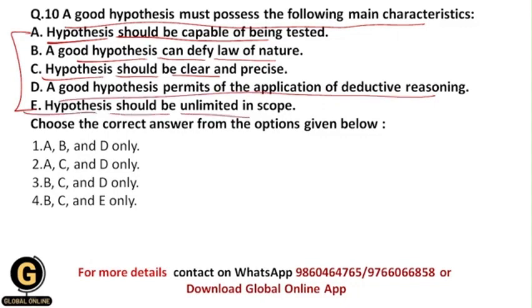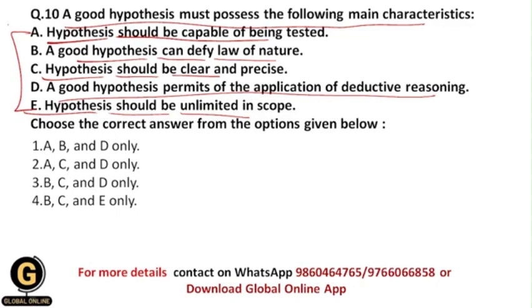So basically students, as we have seen earlier in yesterday's video, hypothesis should have testability. It means that it should be capable of being tested, because we need to test the hypothesis so that we will get the final results of our whole research process, and that's why hypothesis should be capable of being tested.